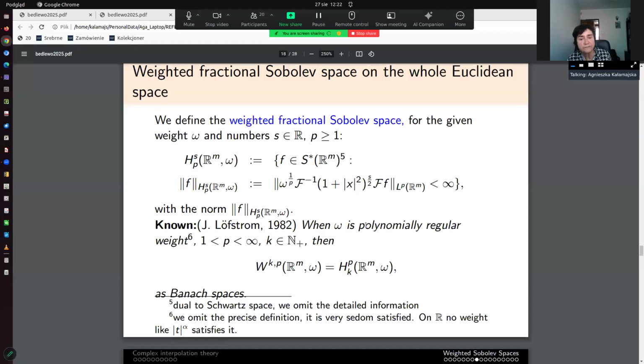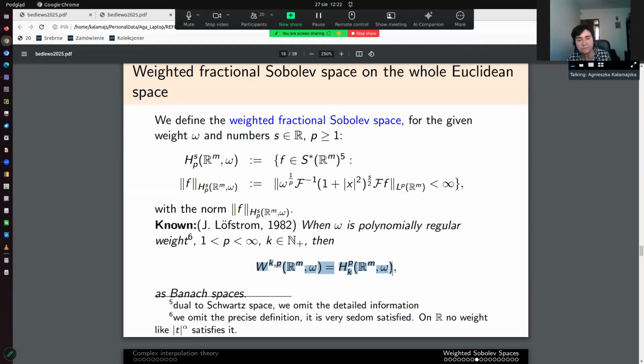But the thing is, there is such a definition, the polynomial regularity condition, which is a very, very strong condition. In fact, we will very hardly find a weight function which does satisfy the condition.